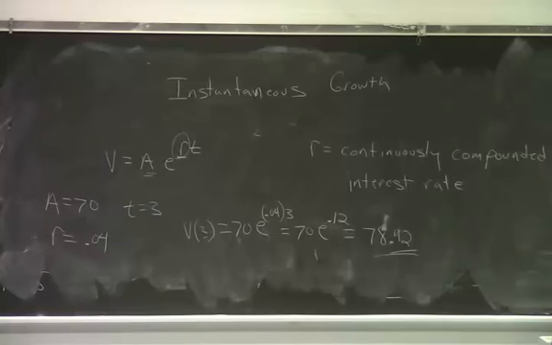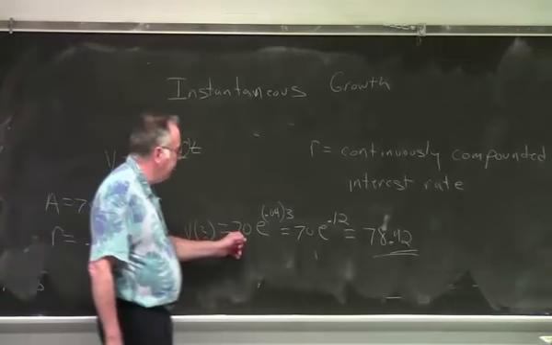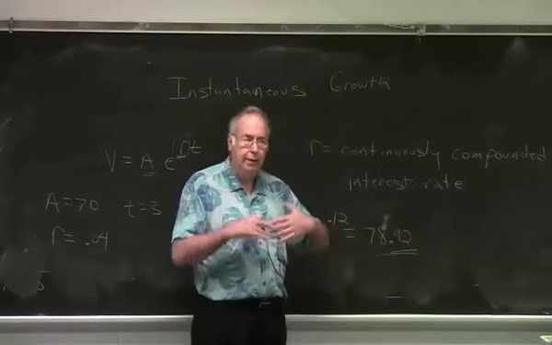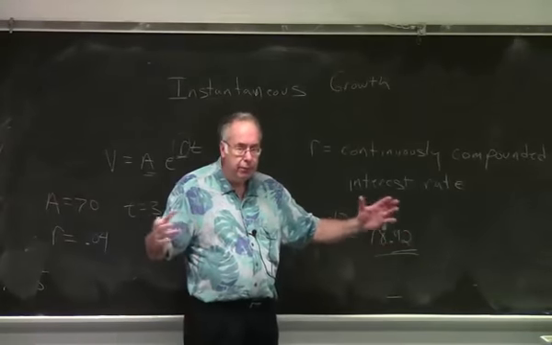And you start off with 70 million, and at the end of 3 years, if your population is growing continuously at 4% per year, you end up with 78.92 million. Or if V is GDP, and GDP is growing continuously at 4% a year, at the end of 3 years, this 70, say, $1 billion of GDP would be $78.92 billion. So it obviously can be interpreted in many other types of problems.